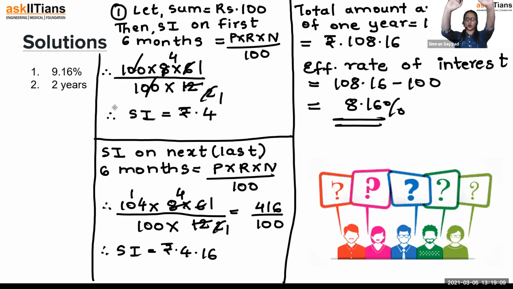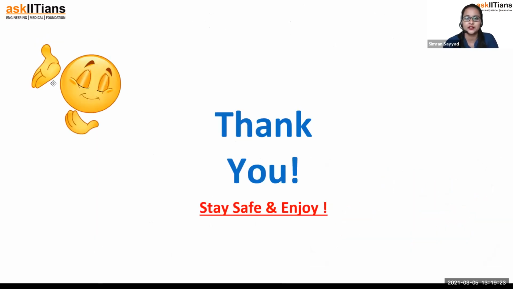Understood, dear students, what we did? We didn't know the principal amount, so we considered it as 100. Then for each and every six months, we calculated the interest. So we got a total amount, and from it I subtracted the sum, and I got the effective rate of interest.